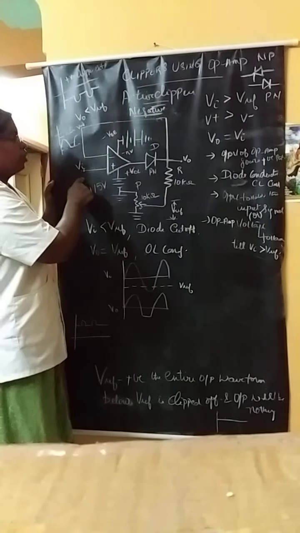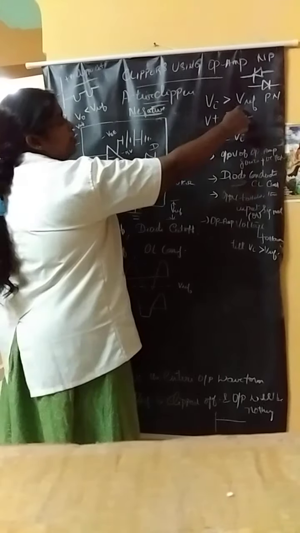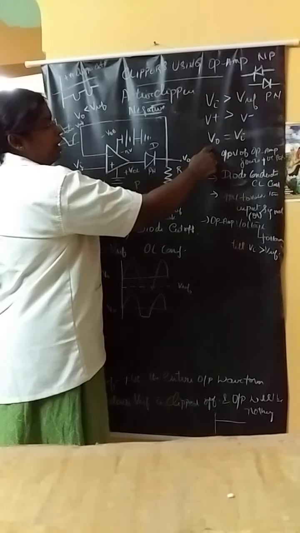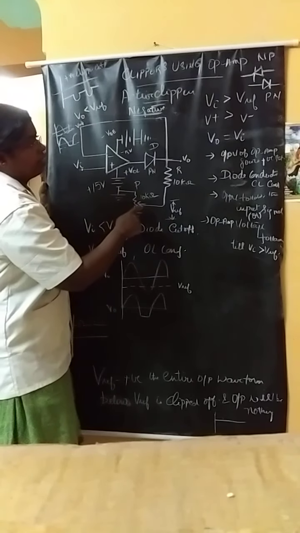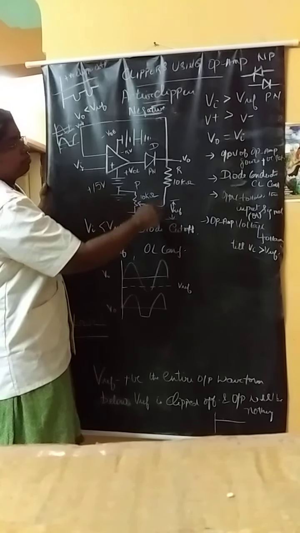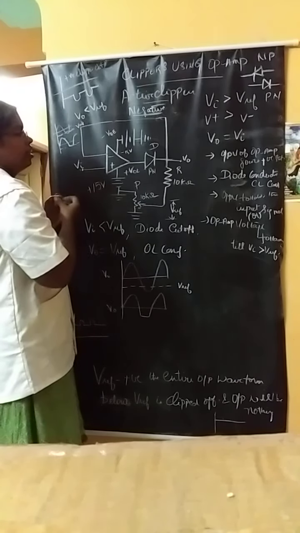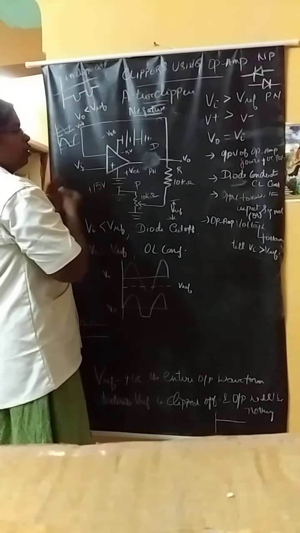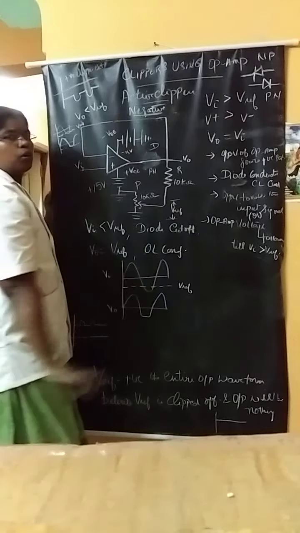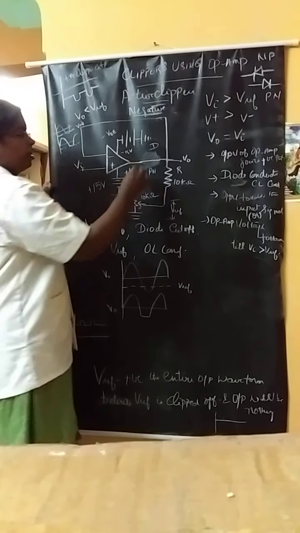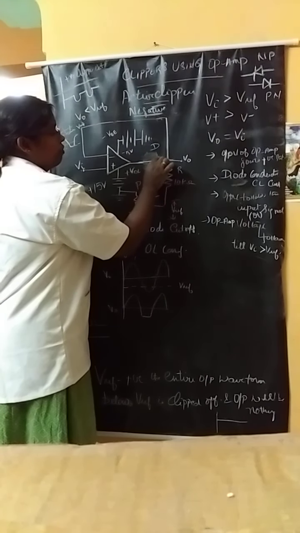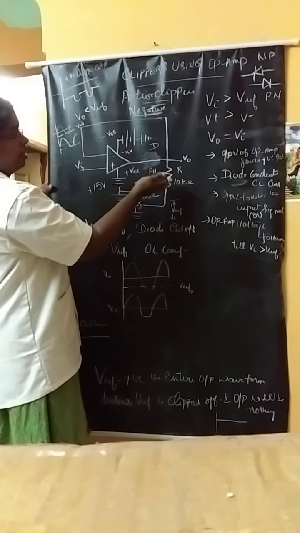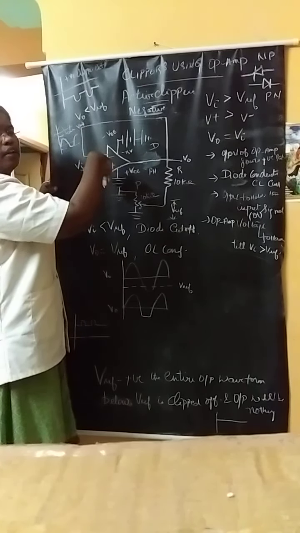When the input voltage is greater than the reference voltage, then V plus is greater than V negative, and at this position the diode conducts. That means this is in the closed loop configuration. When in the closed loop configuration, the output signal follows the input signal.